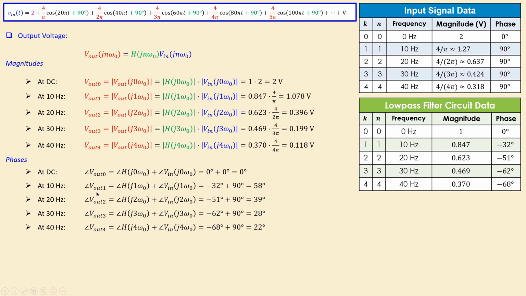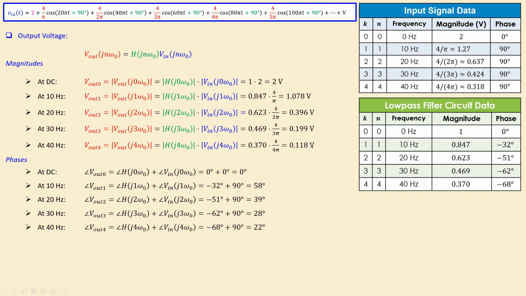The next one, fundamental again, you do that for the low pass filter and also for the input voltage. You see in the second row for n is equal to 1 that the phase of my low pass filter was minus 32 degrees. My phase of my input signal at that n is equal to 1 was 90 degrees. So I do the math here and I will have 58 degrees. Now for 20 Hz in a similar form I will have 39 degrees, etc. So I have now also the phases for the DC and the first 4 harmonics.